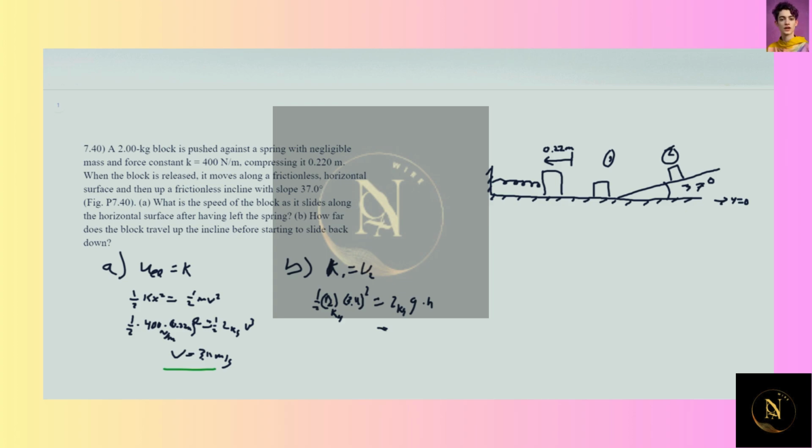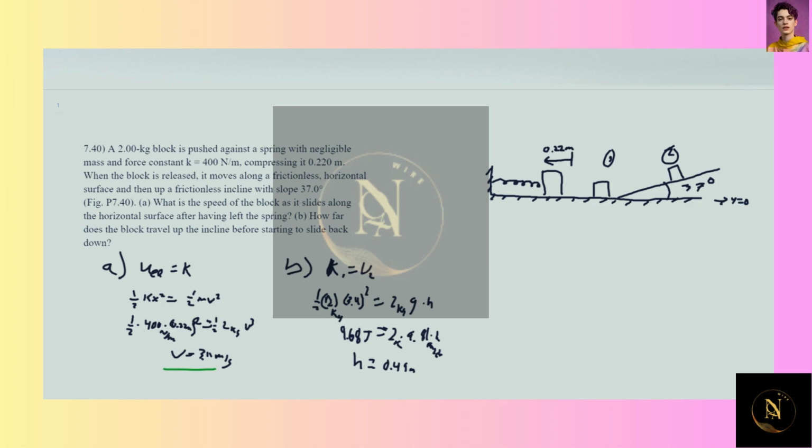Writing now what this is, 1/2 times 2 is just 1, so 3.11 squared is going to be 9.68 joules, equal to 2 times 9.81 meters per second squared times h. We get h is equal to 0.49 meters.